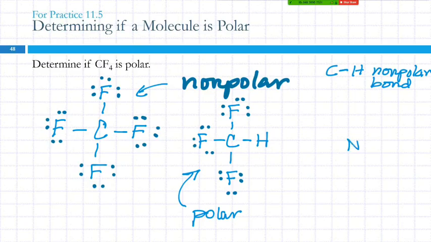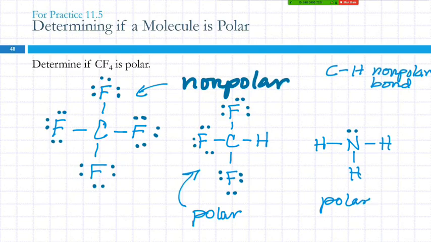If we have something like ammonia, for ammonia, the first condition is not true. There's a lone pair. So actually we can just stop and say this is polar.